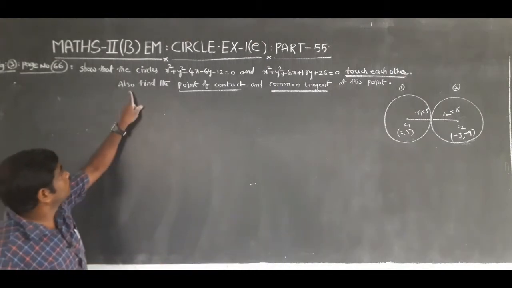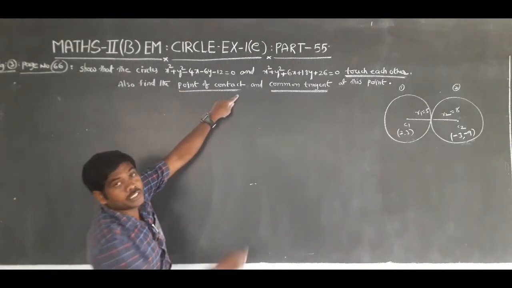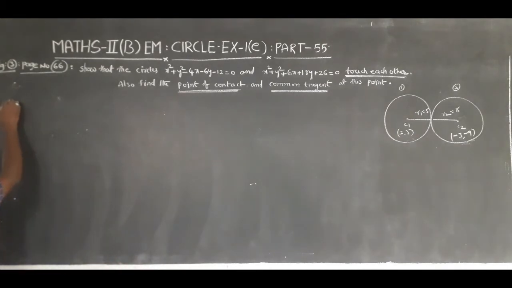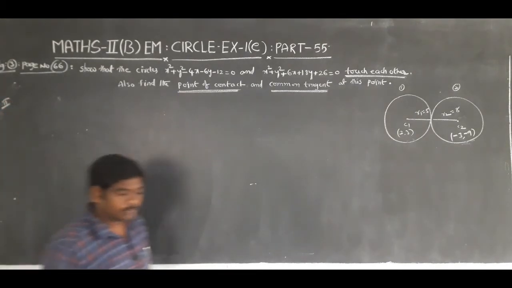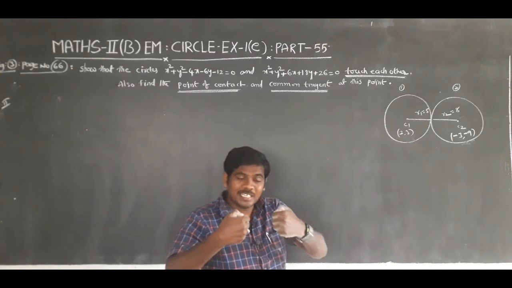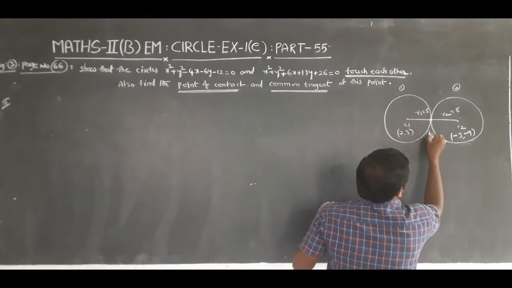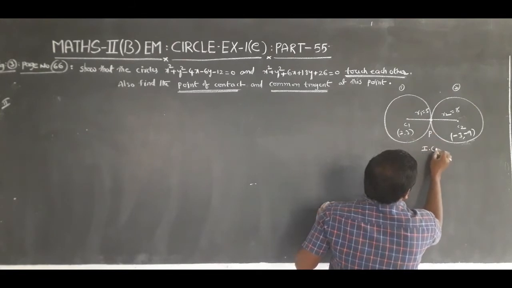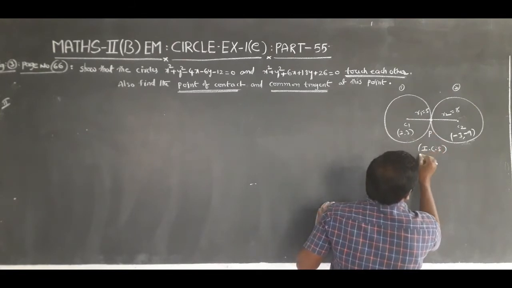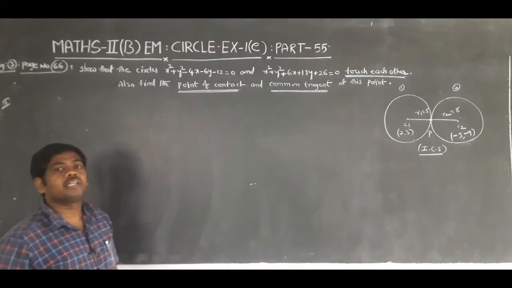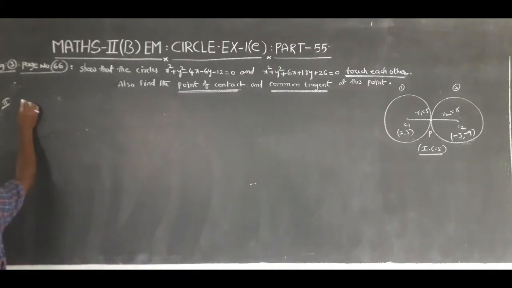Second part: we prove this, and also find the point of contact. If two circles touch each other externally, the point of contact is called the internal center of similitude.